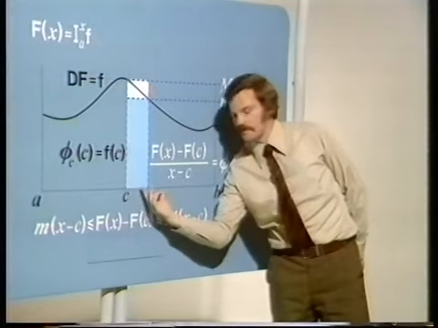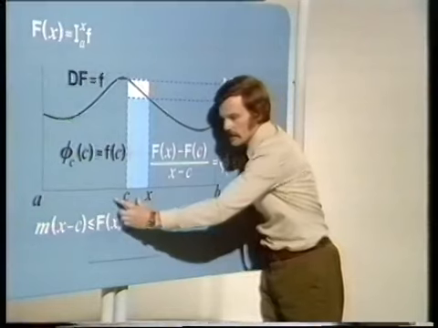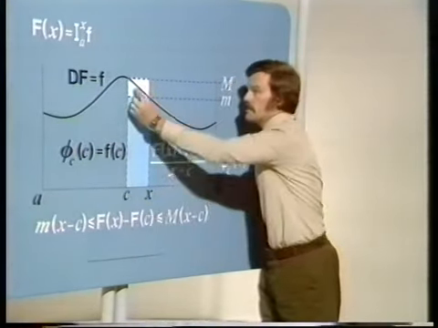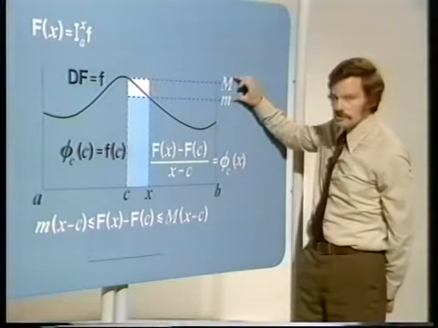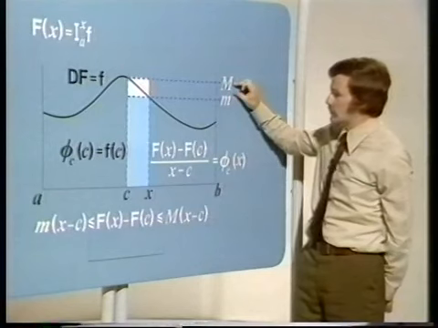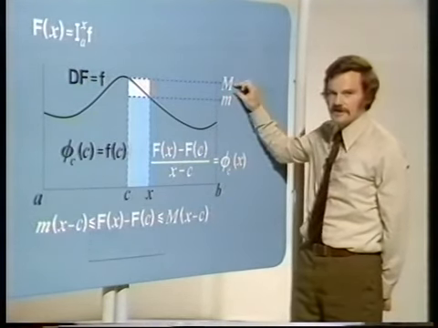Well, the same would be true for any interval we take down here containing c. So if we take a nest converging to c, the images under the chord-slope function are going to be contained in a nest which, by the continuity of the function little f, converge to f of c. And that's exactly what we want.